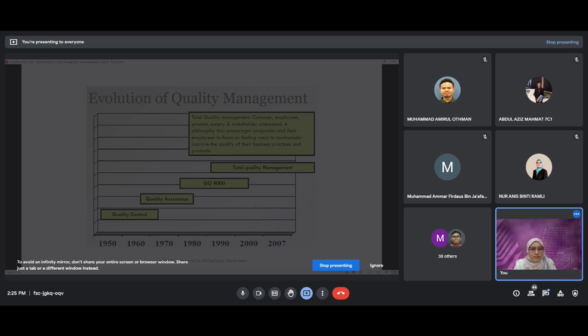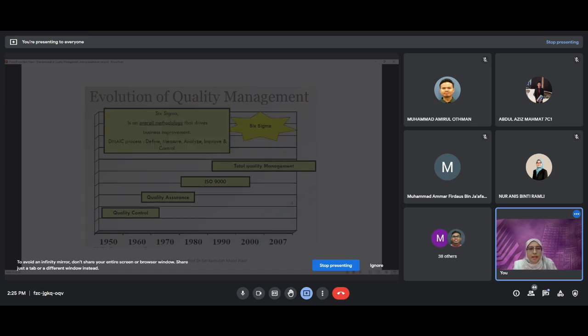It is a philosophy that encourages companies and employees to focus on finding ways to continually improve the quality of their business or product. And in the same era, Six Sigma was also introduced. Like I mentioned before, it was introduced by Bill Smith in 1970 because of the Motorola quality issue.